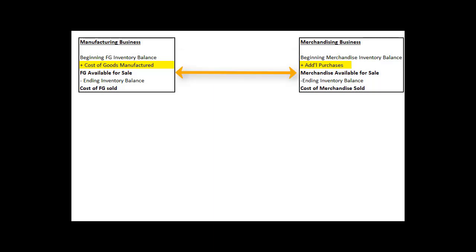In a manufacturing business, instead of having purchases of merchandise inventory, we have cost of the goods manufactured, and we add that to the beginning finished goods inventory balance. We arrive at the finished goods available for sale, and then we subtract the ending balance to arrive at the cost of finished goods sold. Similar to how in the merchandising business there is cost of merchandise sold.